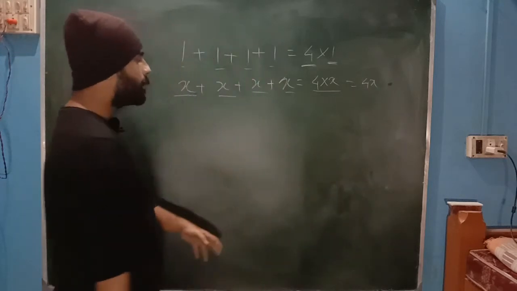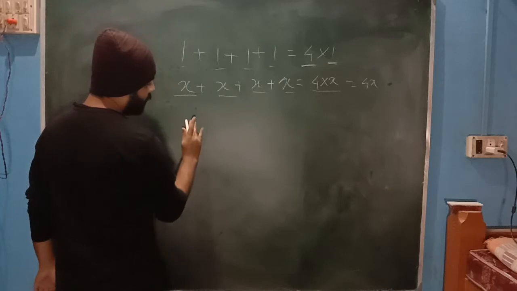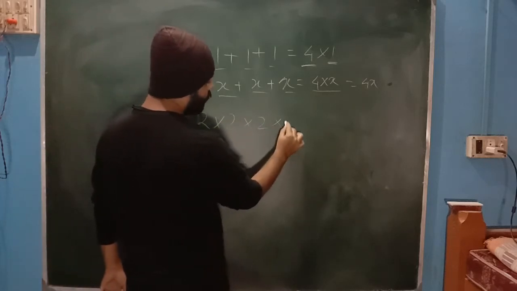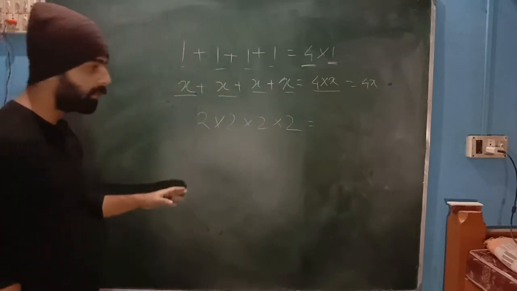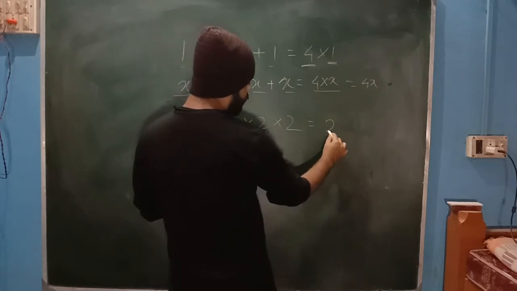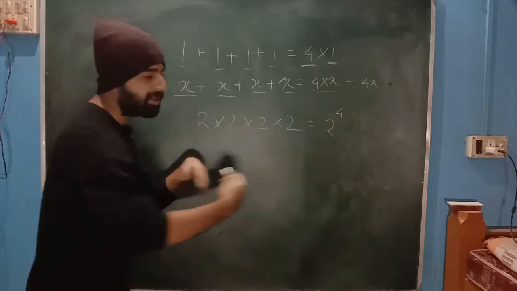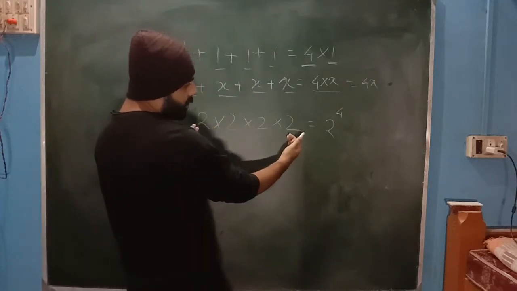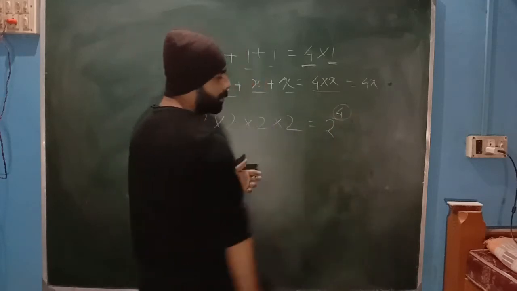Now what will happen if we multiply, taking a good example, 2 into 2 into 2 into 2, and here is a scientific notation for that. We will simply write it as 2 to the power 4. So 2 is the common repetition part, and how many times it multiplies by itself is the number we represent here.